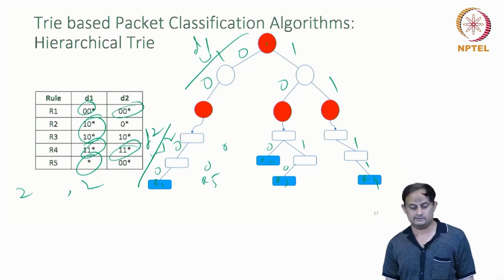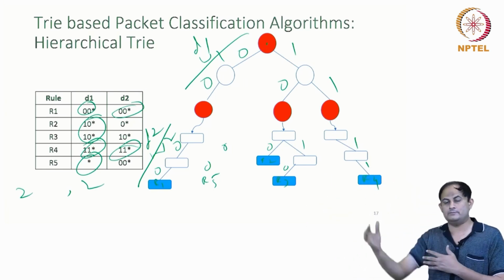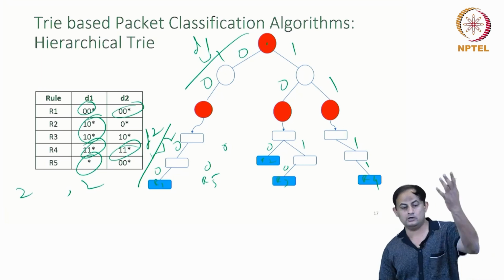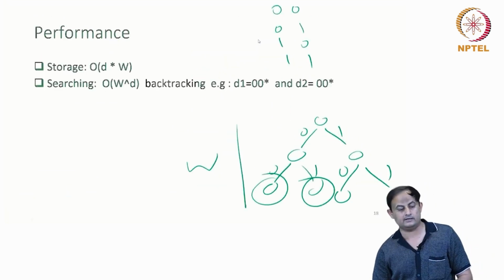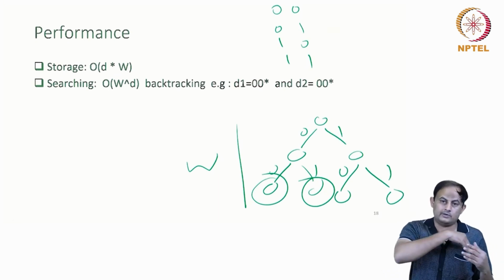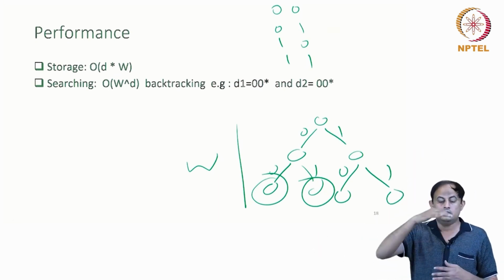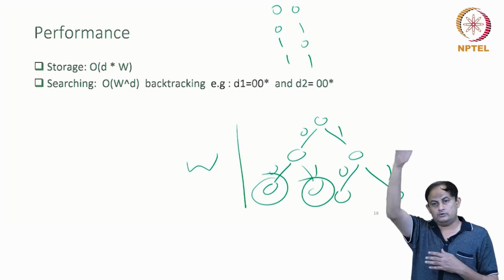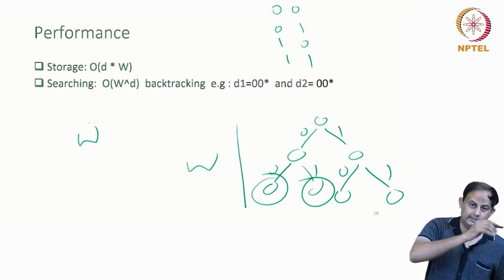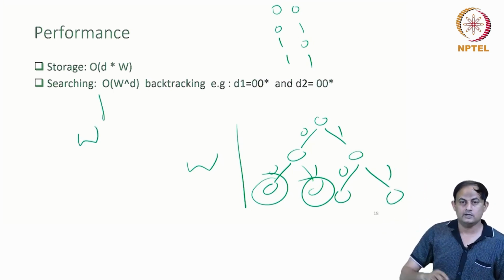So in that case, what is the worst case number of backtracking possibilities? In total, how many references or backtracking attempts do I need to try? W backtracking references in one dimension, where I go and then try the alternatives. So W to the power of D. W is the tracking for one dimension, and I need to do it D number of times.